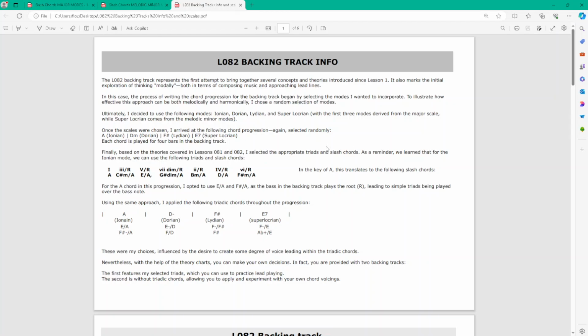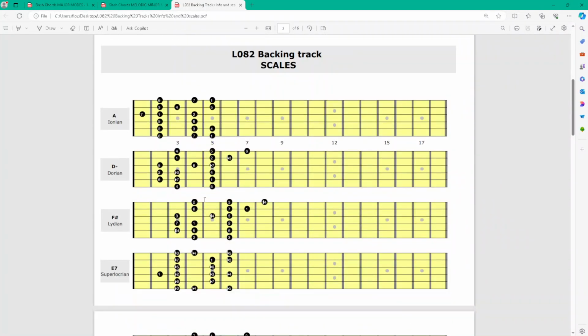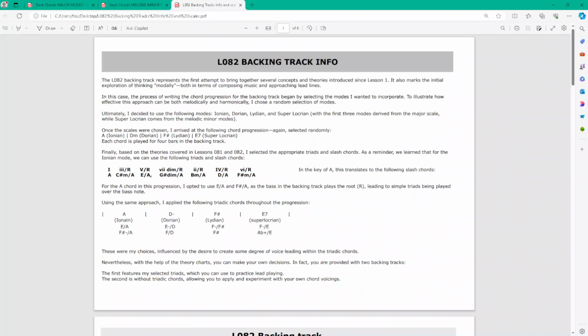Make sure that you read this particular chapter, and then I'll explain what these are. But the idea overall is, okay, I can take some scales that I want to practice or that I want to write with. And once I decide on a progression based on those scales, then I can look at the slash chords in terms of how I'm going to harmonize. So I'm going to create chords for that progression.